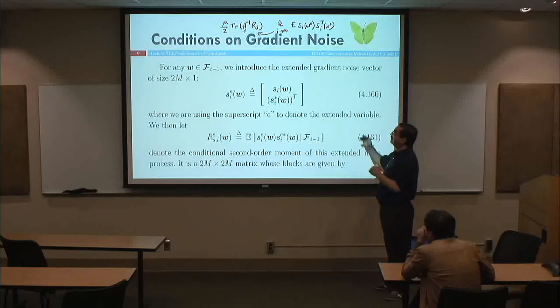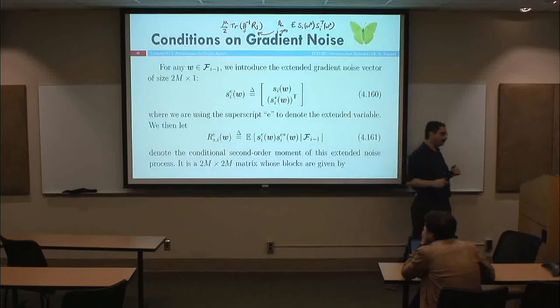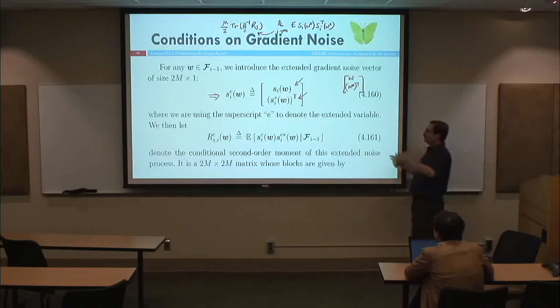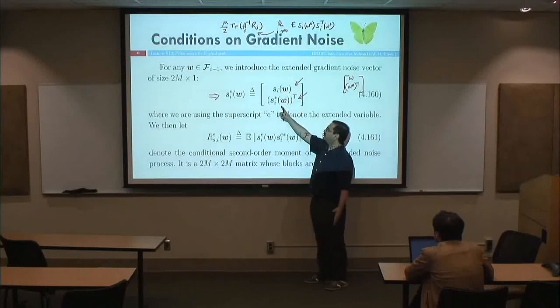The way it will be enlarged is as follows. We define an extended gradient noise vector, just like we did before, for example, with omega: you extend it like this, omega star transpose. You do the same thing, S star transpose. You extend it so that the top part is a column and the bottom part is also a column.